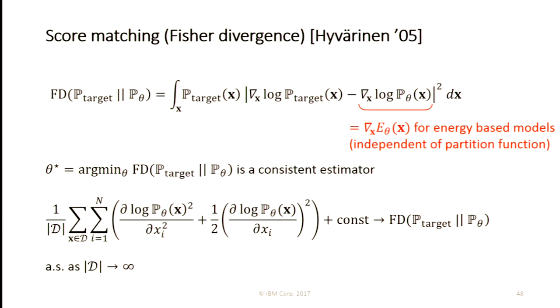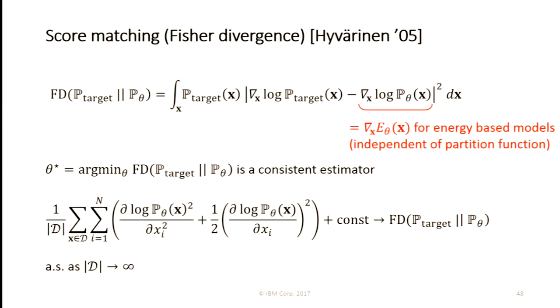But you might think that this is intractable because you don't know the target distribution. You don't know the shape of the target distribution, and it is intractable to estimate this gradient. But it turns out that there is a simple estimator which looks like this. It is independent of the target distribution, and only depends on the gradient of the model distribution and the second derivative of your model distribution.